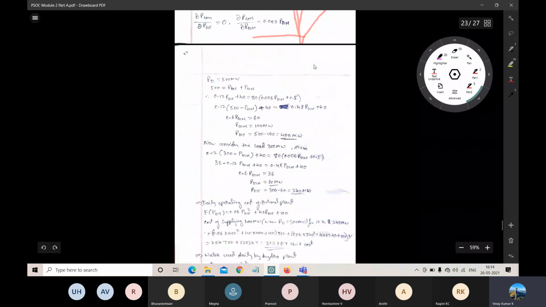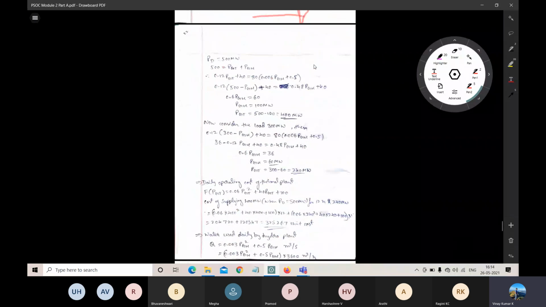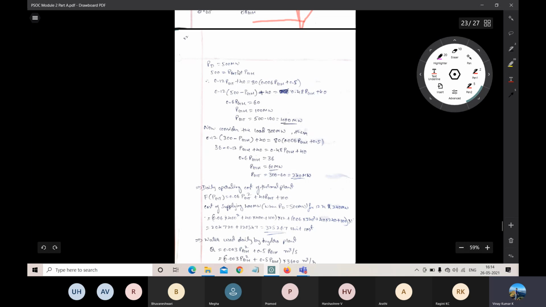And then he has given that the demand is 500 megawatt. So 500 megawatt equals PGT plus PGH, because the total demand equals the generation plus losses. Here we are neglecting the losses, so just take the generation terms.